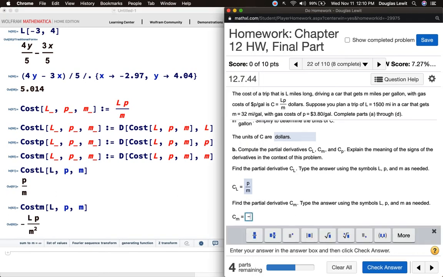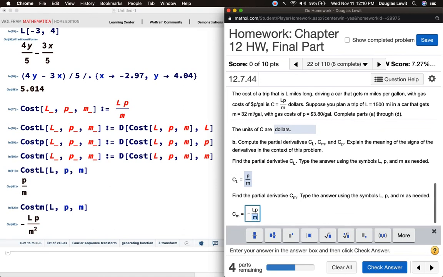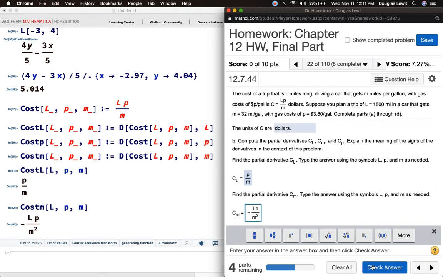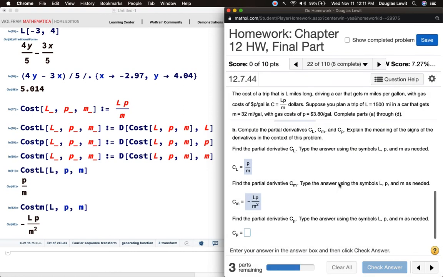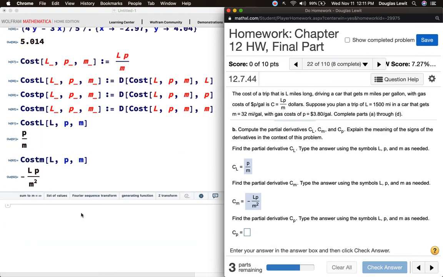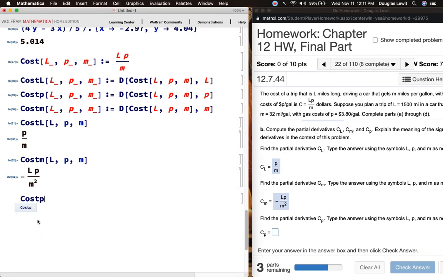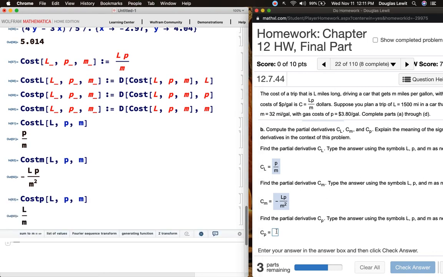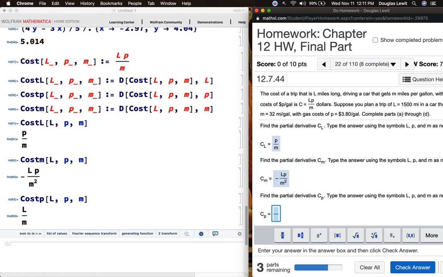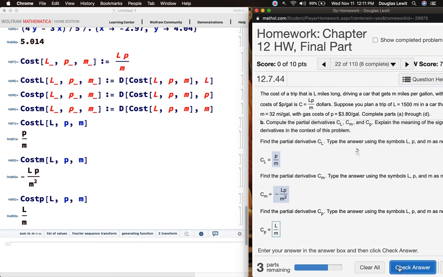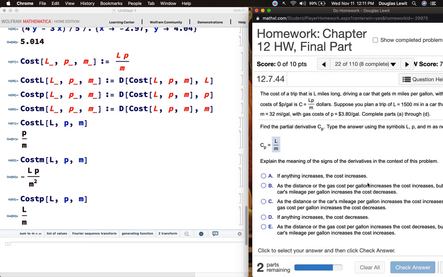It's going to be LP divided by M squared. And finally, what is the derivative of the cost function with respect to P? And that's simply L over M.